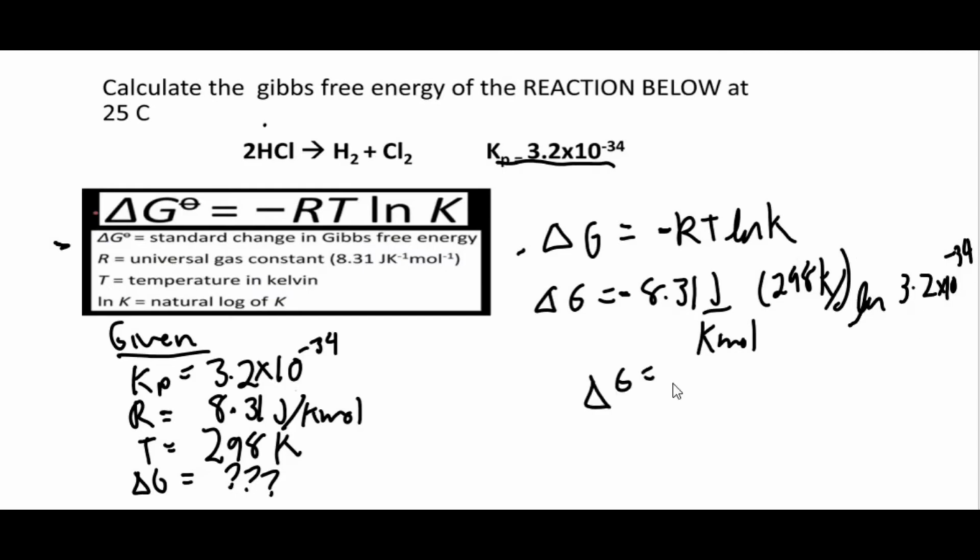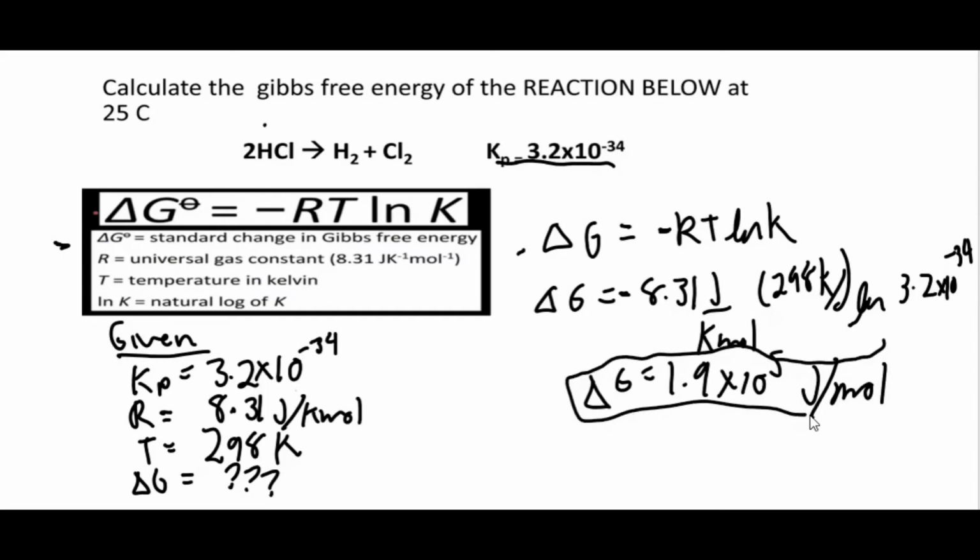So use your calculator. That gives 1.9 raised to the fifth. The Kelvin and mole cancel, so what's remaining is joules per mole. So that would be the final answer.